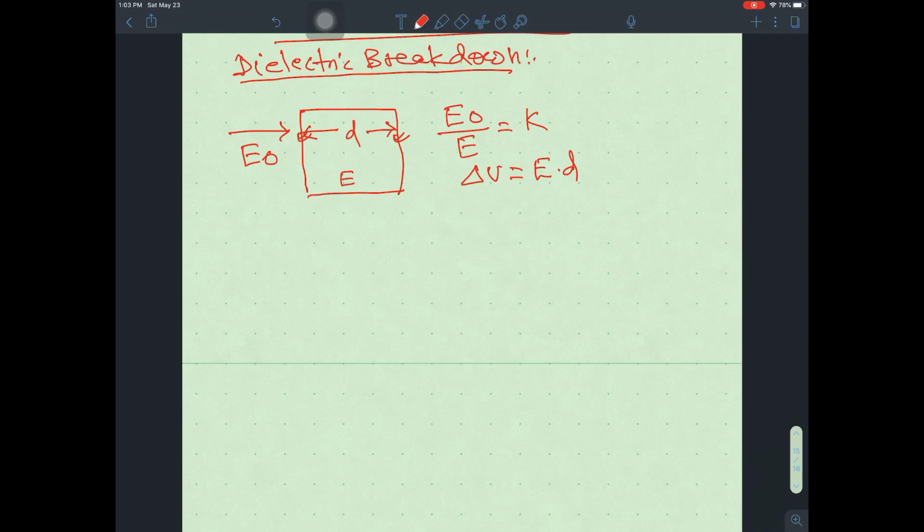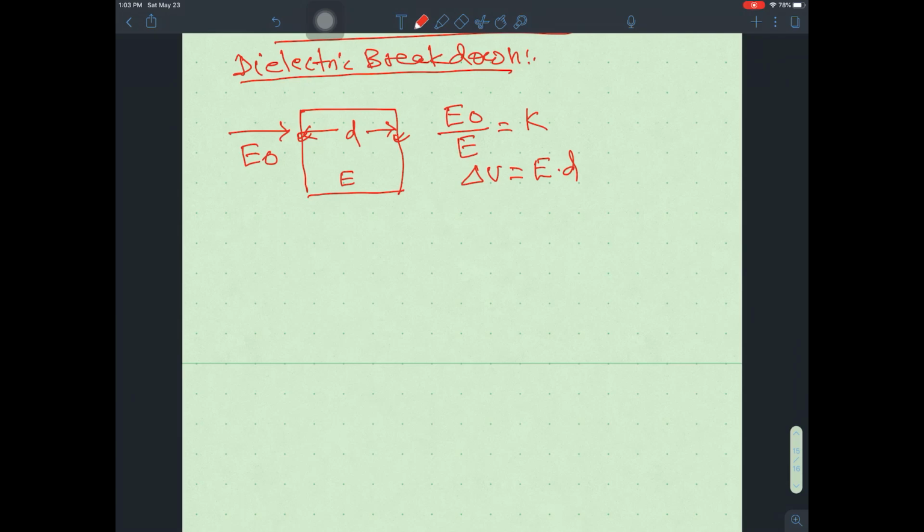If delta V exceeds a limit, the material of the dielectric may get damaged. That is, the chemical property will change and the dielectric will not remain a dielectric, and the material becomes conducting. This event is known as dielectric breakdown, and this value of delta V is the dielectric breakdown potential.